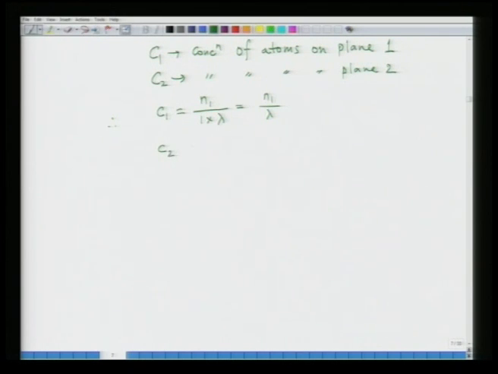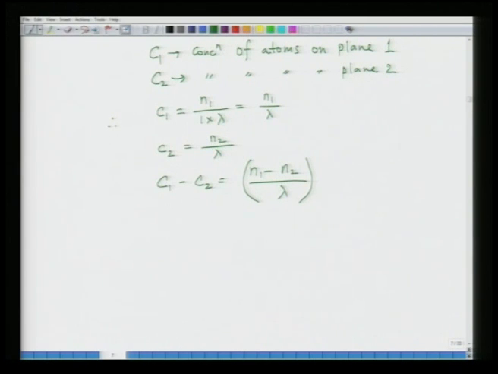What would be C 2? C 2 would be n 2 divided by lambda. Okay. So, C 1 minus C 2 will be equal to n 1 minus n 2 divided by lambda.